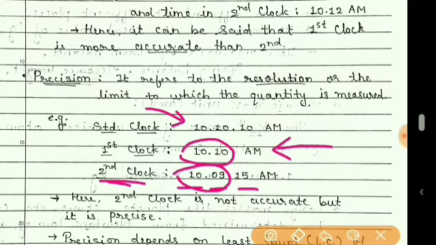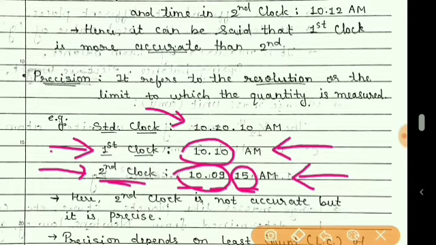But the difference is here that this first clock does not show any information of second. So this clock is not precise, while second clock is not accurate, but it shows the value of seconds also. And so this second clock is more precise than the first clock.